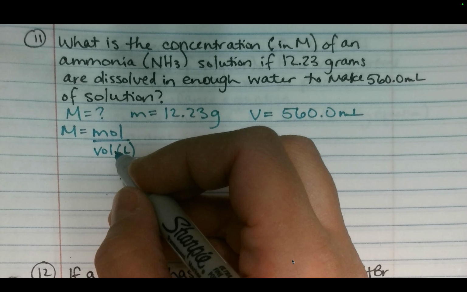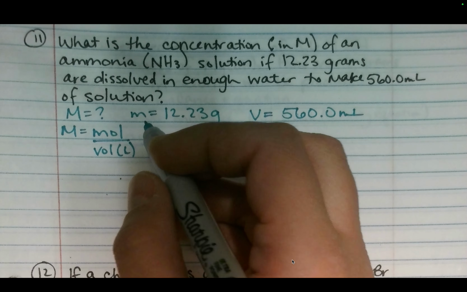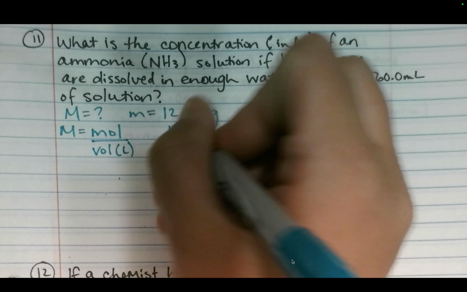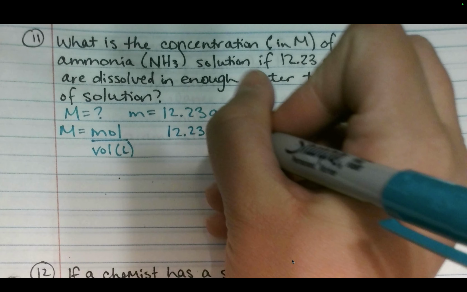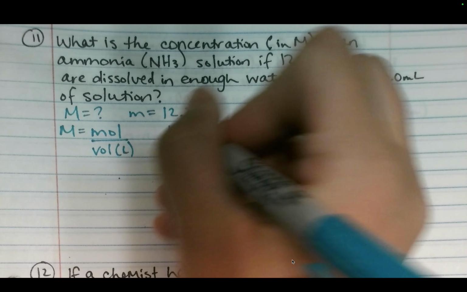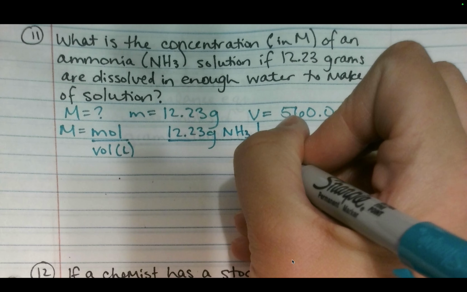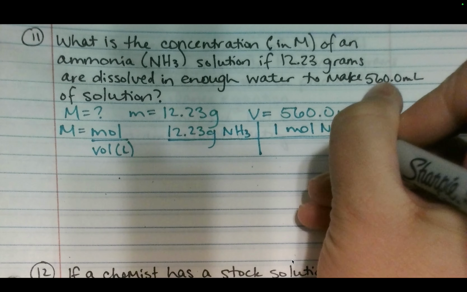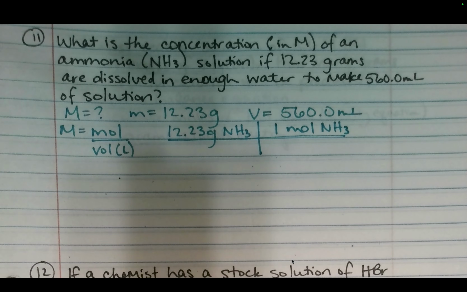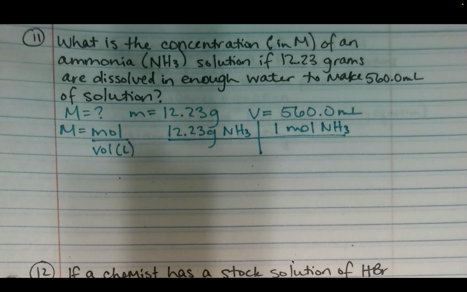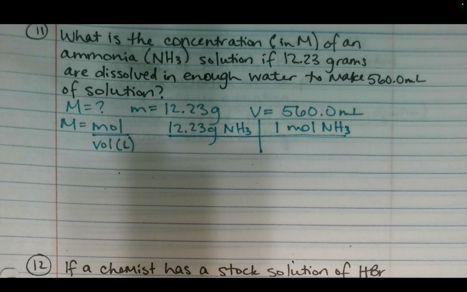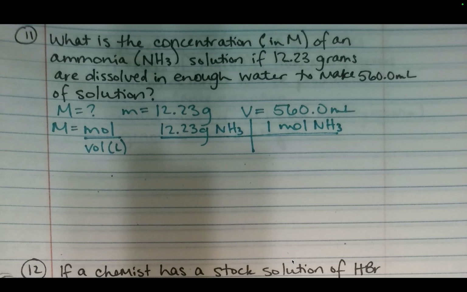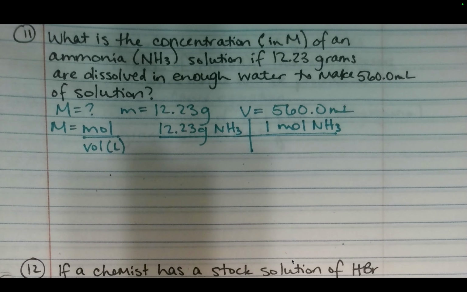So let's start with converting mass from grams to moles. 12.23 grams. This is ammonia. I want to go to moles. This is where we learned back in the fall, I don't even remember which module, to use our molar mass to convert from grams to moles.